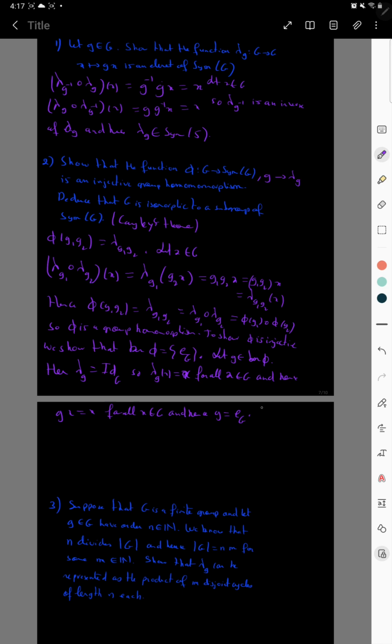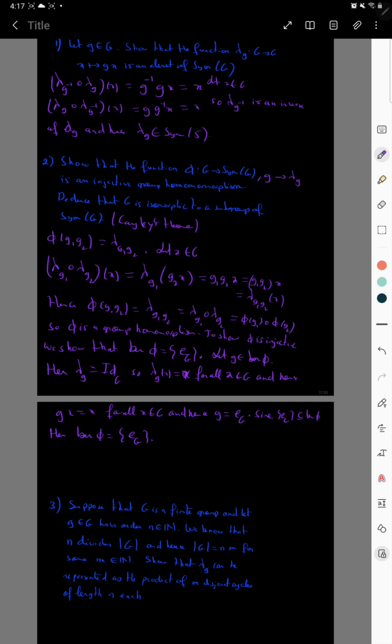Now we know that the identity is always contained in the kernel, since e_G is contained in the kernel of phi. Then the kernel of phi is just {e_G}.